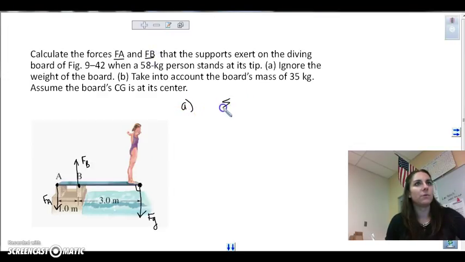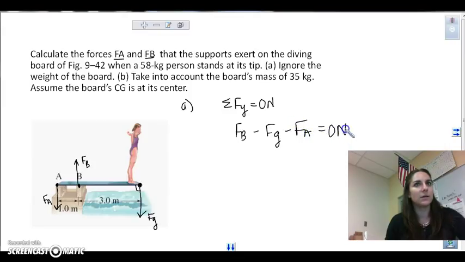Just a note: if we use Newton's laws, the sum of the forces in y, we can set equal to 0 because the system is in equilibrium. If I do it like that, I have FB minus FG of the person minus FA equals 0.